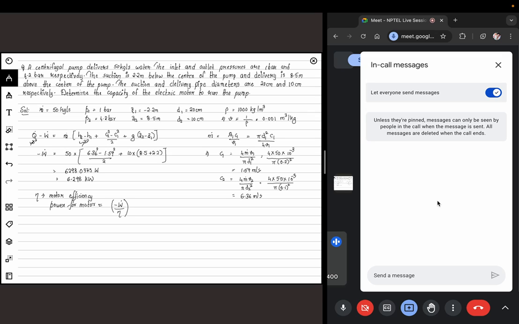So this should be the power of the motor that you should be using to do this particular task. So in this particular problem, we are assuming eta is 1, or basically 100%.